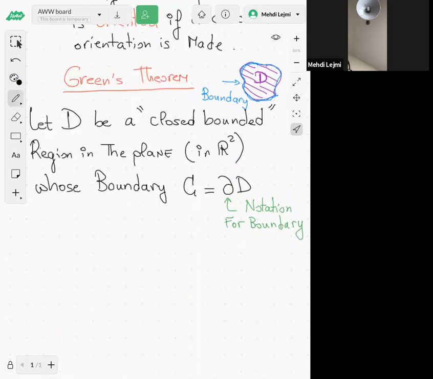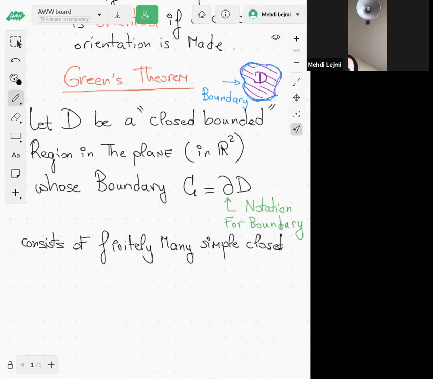So this boundary, capital C, consists of finitely many simple closed curves. Okay.